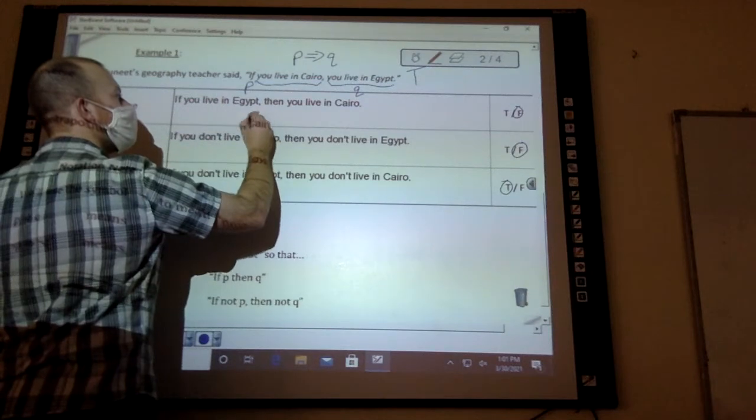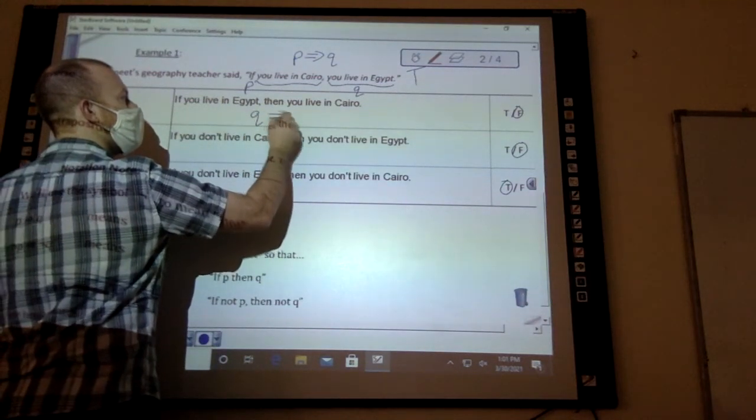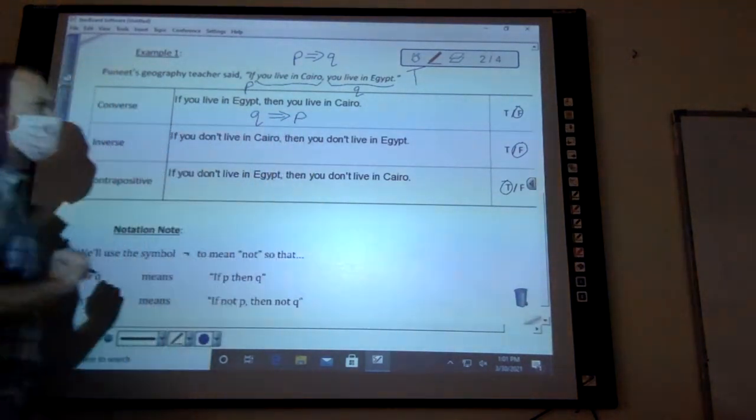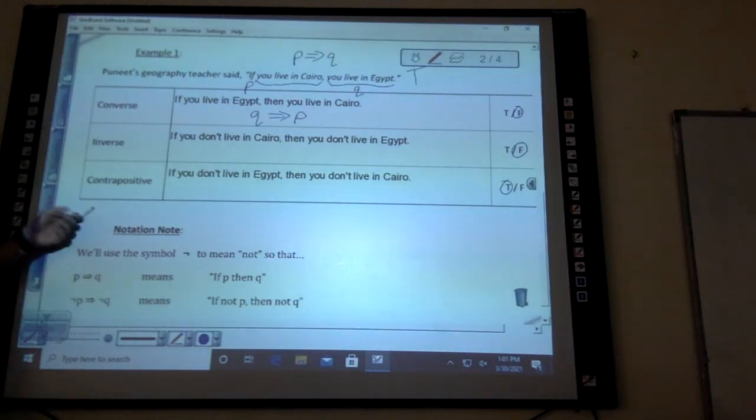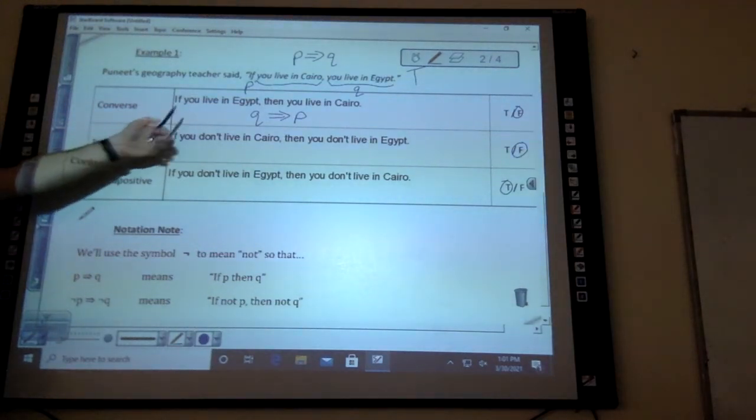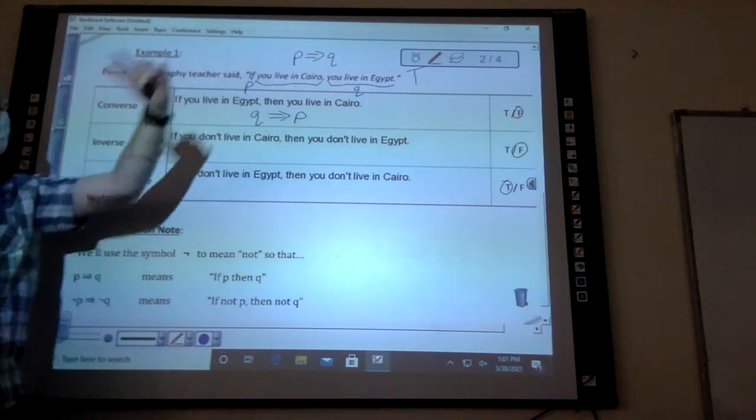So I said, if Q, then P. This is the converse. So I just switched P and Q.